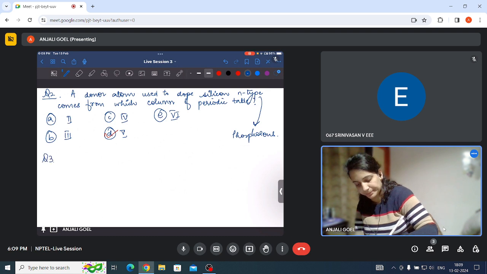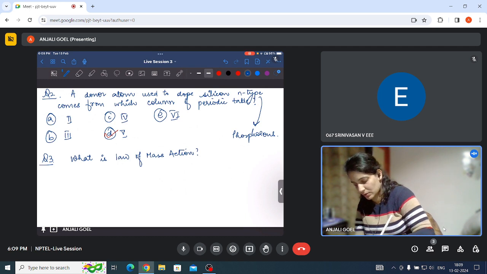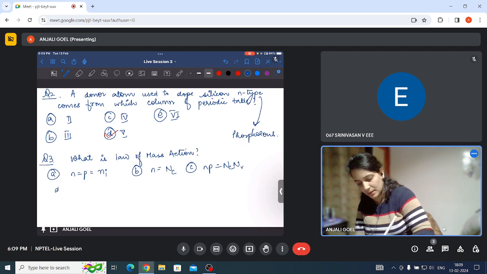Okay, what is the law of mass action? Your options are: n equals p equals ni, n equals Nc, np equals NcNv, np equals ni square, and np equals 1 upon ni square.